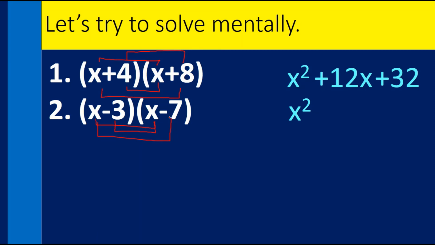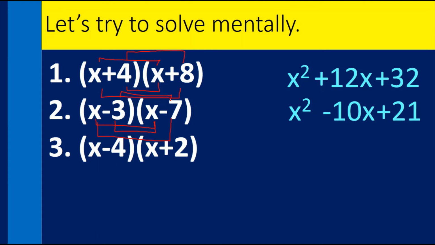Okay, same sign, negative 3x and negative 7x. So, add those two numbers and copy their sign. So, now, we will have negative 10x. And then for the last terms, we have negative 3 times negative 7 equals positive 21.